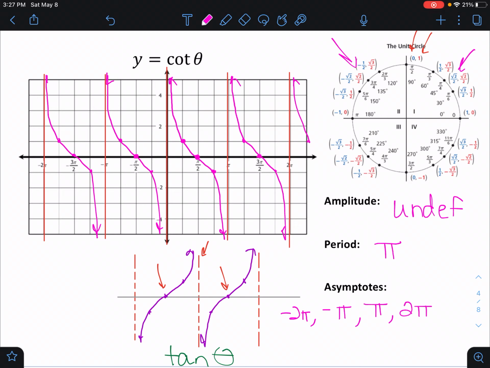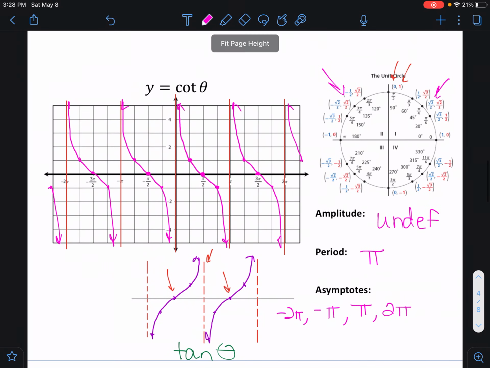Once again, always make sure your graphs are filling out the entire graph. There we go. That's the cotangent graph. And notice how similar tangent and cotangent are. Okay, just kind of keep those in mind.